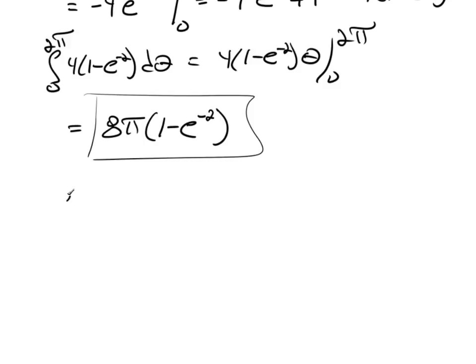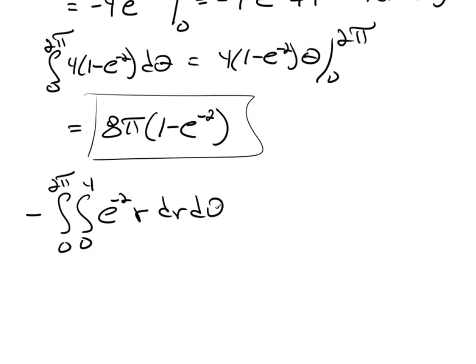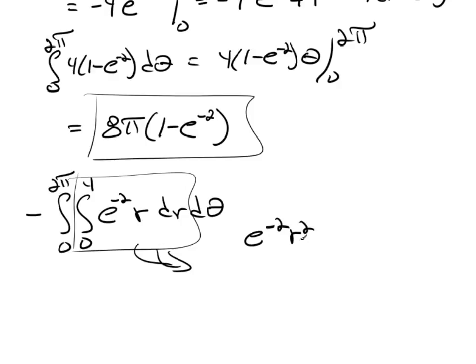So I'm going to have the integral from 0 to 2 pi, 0 to 4. Let's go ahead and put that negative there so I don't forget it. This is e to the negative 2 r dr d theta. Now, with respect to r, this is just going to give me e to the negative 2 r squared over 2 from 0 to 4, which is just going to be 8 times e to the negative 2.